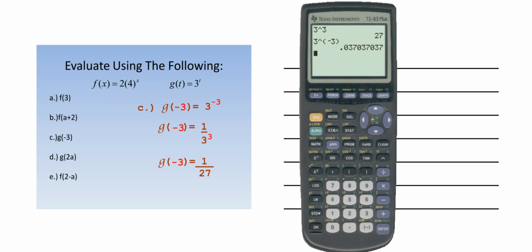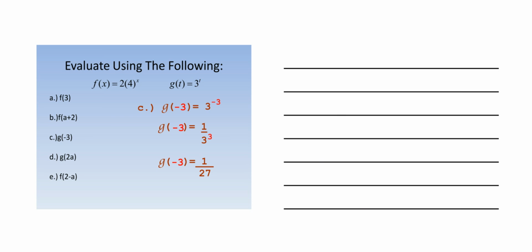0.037037. If we take 1 divided by 27, this is just to check our answer, it gives us the exact same value. So it works. So there's our answer for this case. g of negative 3 equals 1/27.